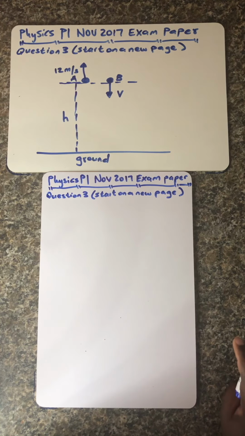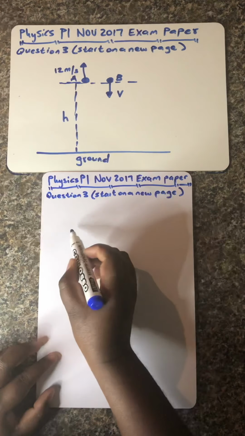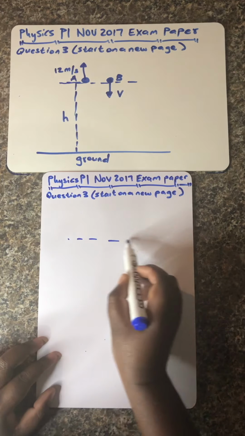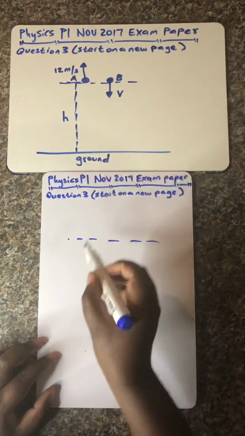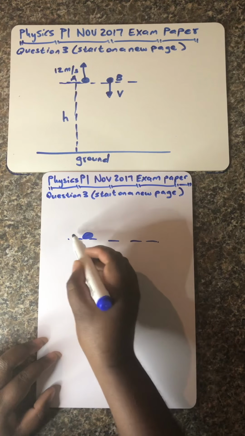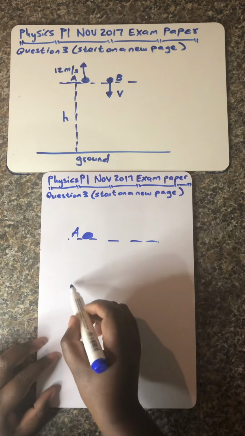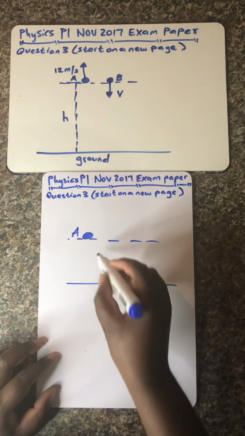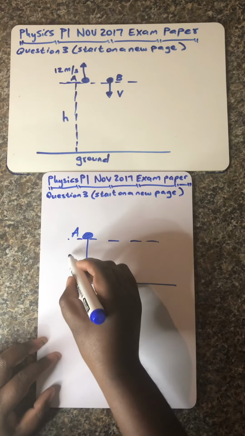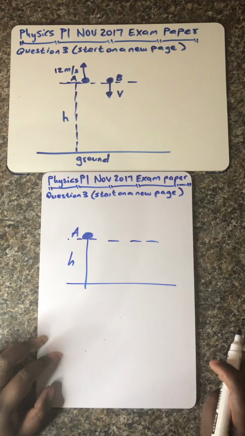So the one that I redraw, that's where I put in additional information so that it doesn't confuse when we move to the next questions. So let me just do that level there, and remember this is A, and then we've got the ground. Everything is at a certain unknown height.